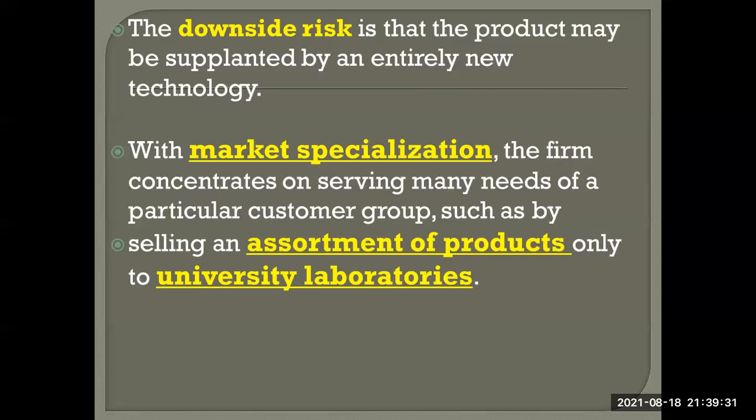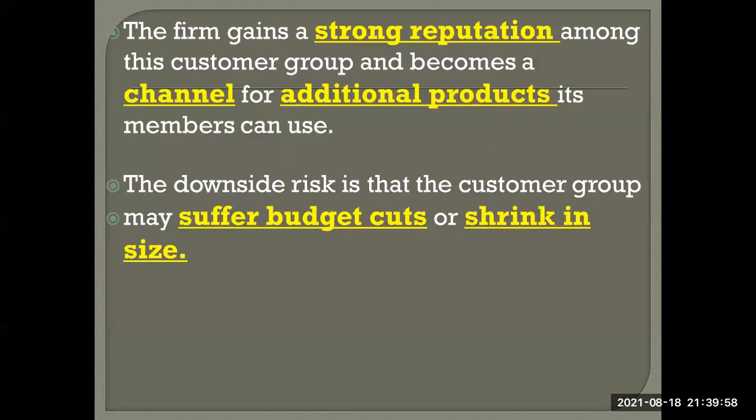They may sell chemicals, different types of liquids, glass utensils, glass products like test tubes and all those stuff which is required in the laboratories, and microscope and digital equipments which are required by the laboratories, but they will only sell to university different types of products. So this is called market specialization.